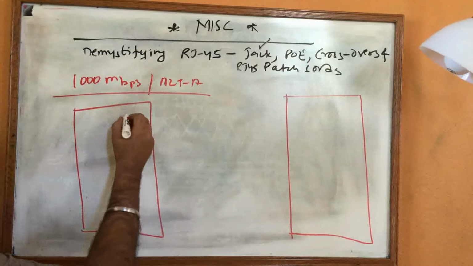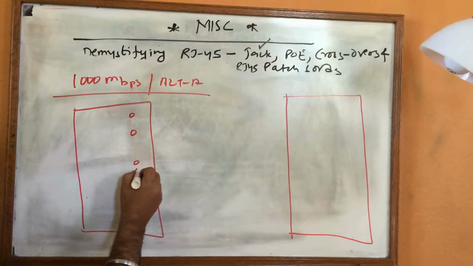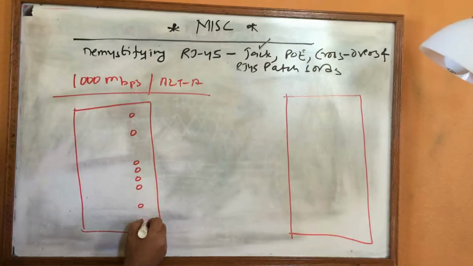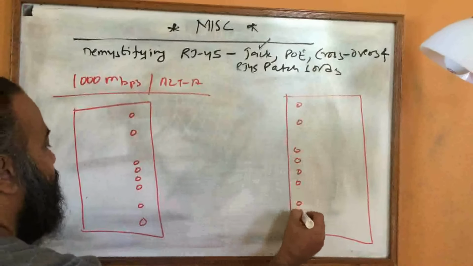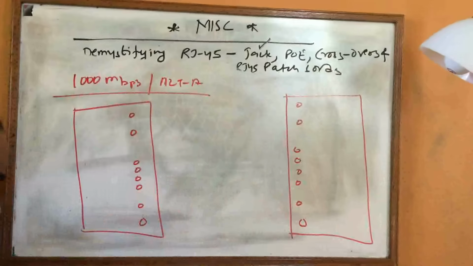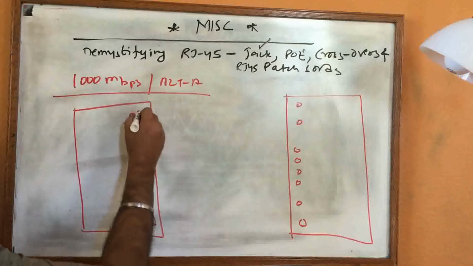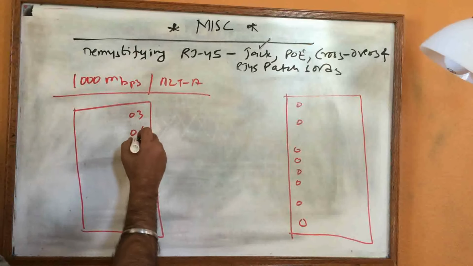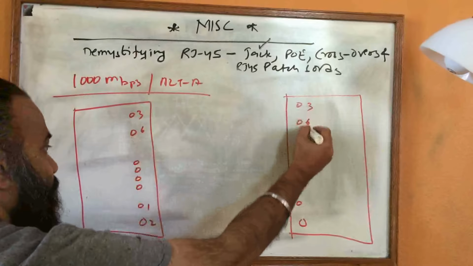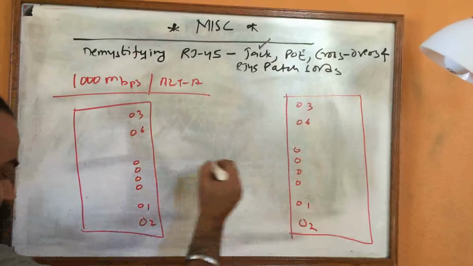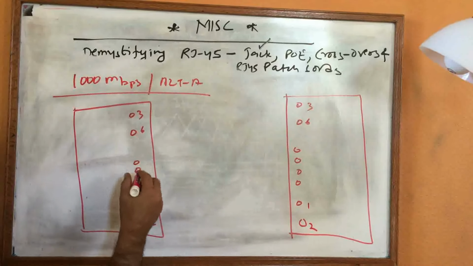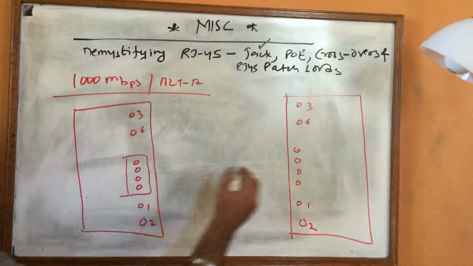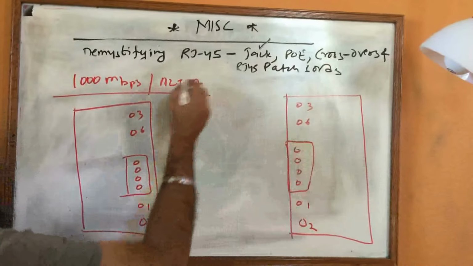Let's draw the same thing, 1, 2, 3, 4, 5, 6, 7, 8, and 1, 2, 3, 4, 5, 6, 7, 8. Here 1, 2, 3, 6, and 3, 6, 1, 2, and this particular thing is NC. This is called the alternate A configuration.